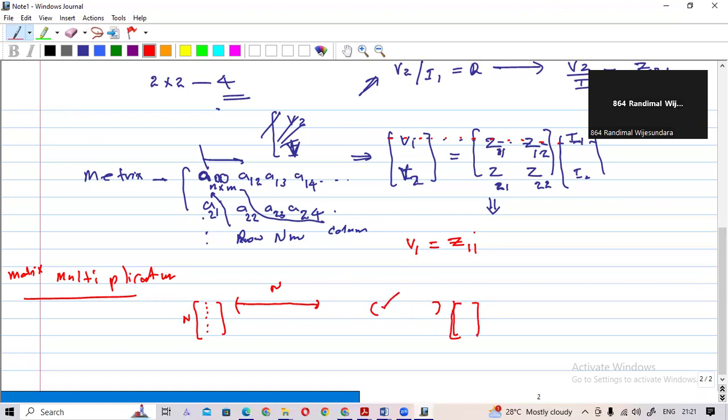Row 1 is multiplied by column 1, row 2 by column 2, row 3 by column 3, and row 4 by column 4. If there is a row 5, there should be 5 columns. Then we can multiply each value.